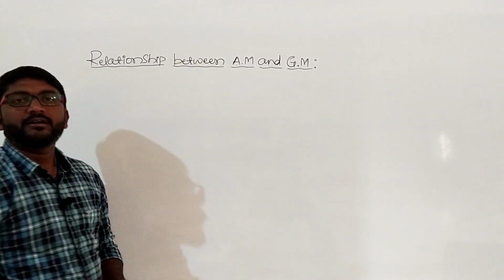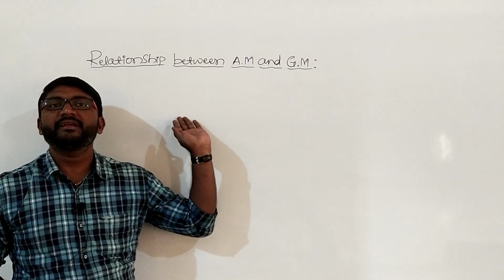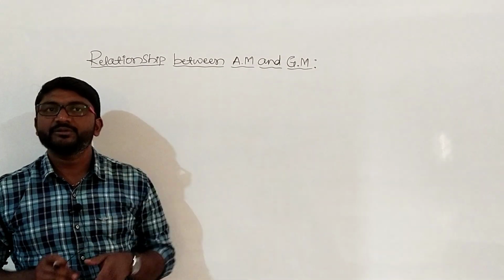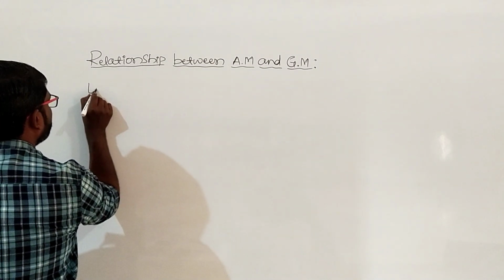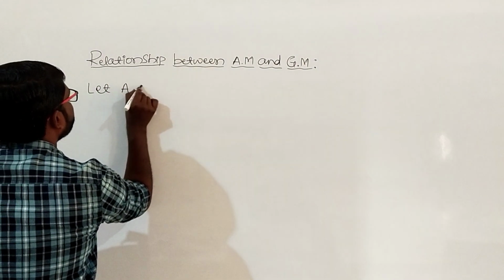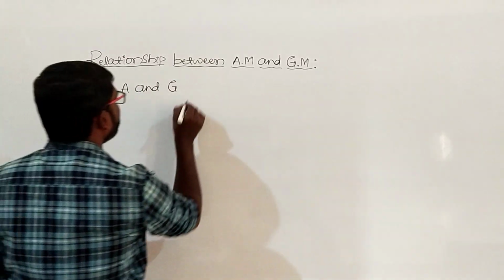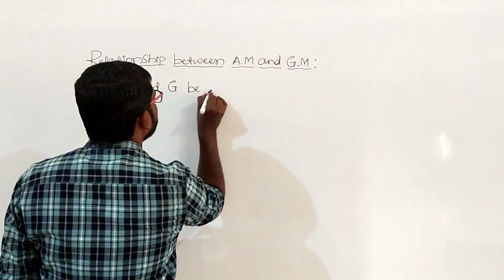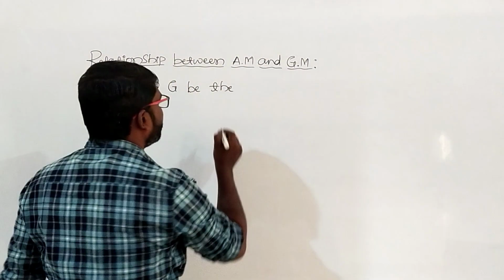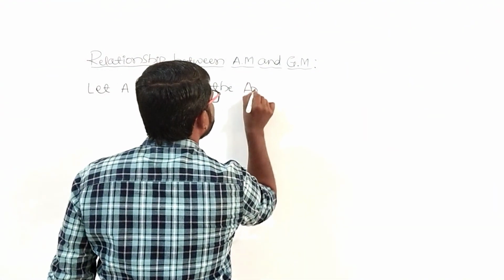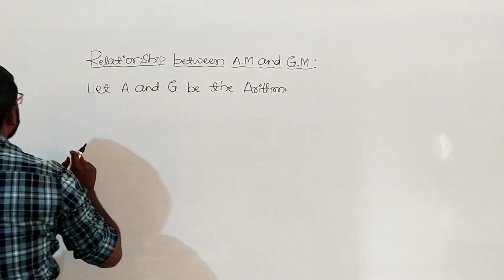Well, here I take capital A and capital G, that is the arithmetic mean and the geometric mean of the two positive numbers a and b. Let A and G be the arithmetic mean, or in short you write AM, and GM.